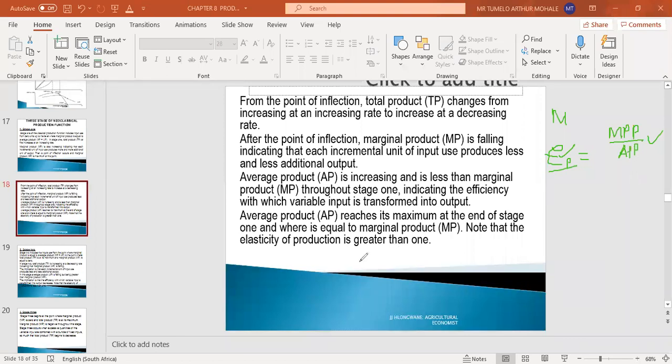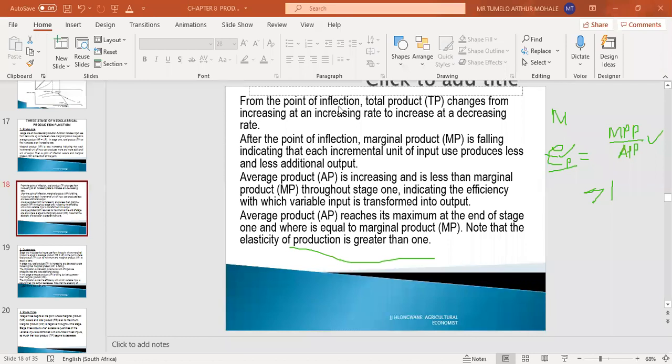And once you have calculated your EP, the elasticity of production, and you get greater than 1, it tells you that that stage is number 1. It means that it is the stage 1 of the neoclassical production function.